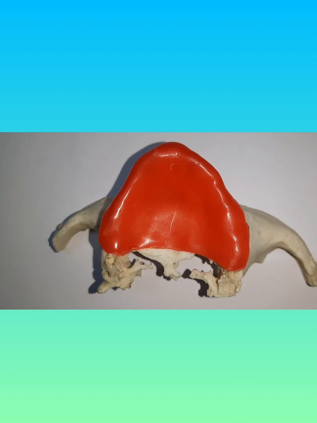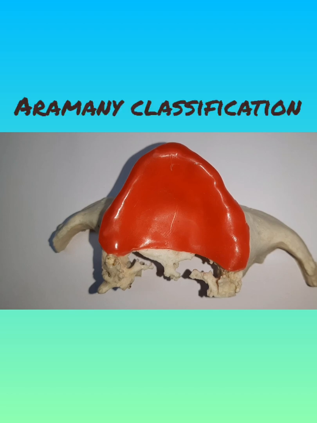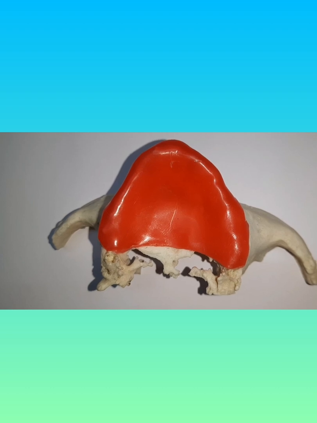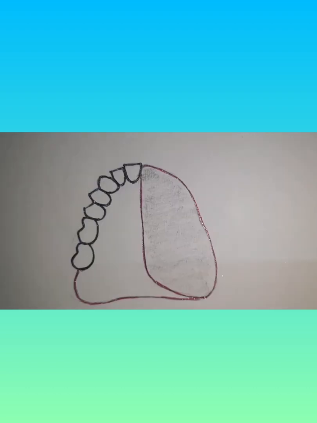Now, that is a very important classification given by M. Aramany in 1976, which classifies post-surgical maxillary defects on the basis of the relationship of the defects to the remaining abutment teeth. Now, let us see all those defects and the classification. According to this classification, this is class 1 defect.